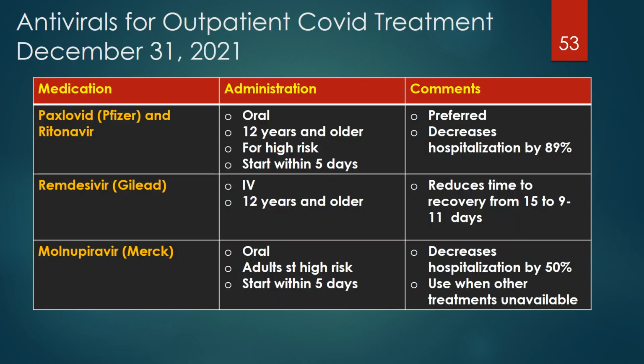Remdesivir is made by Gilead, is given intravenously, and reduces time to recovery from 15 days to 9 to 11 days. It can be used in those 12 years old and older. Merck's oral drug, molnupiravir, received FDA authorization on 12/23/2021 for infected individuals who are at high risk of severe disease.